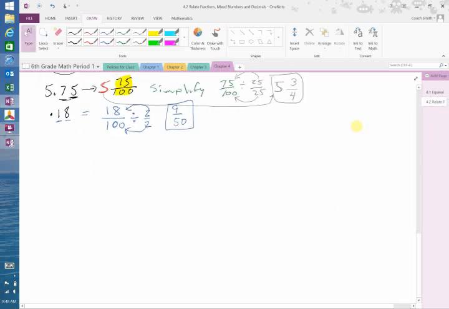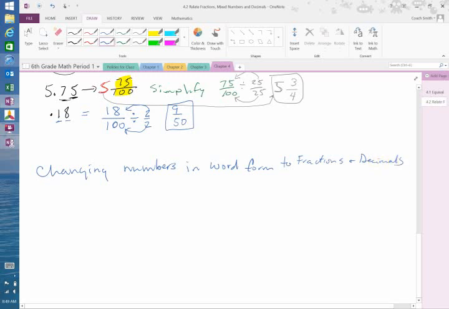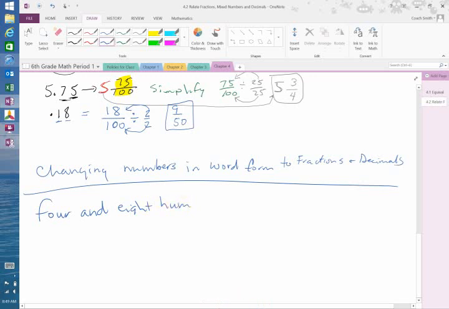All right, let's move to changing numbers in word form to fractions and decimals. So, four and 8 hundredths.